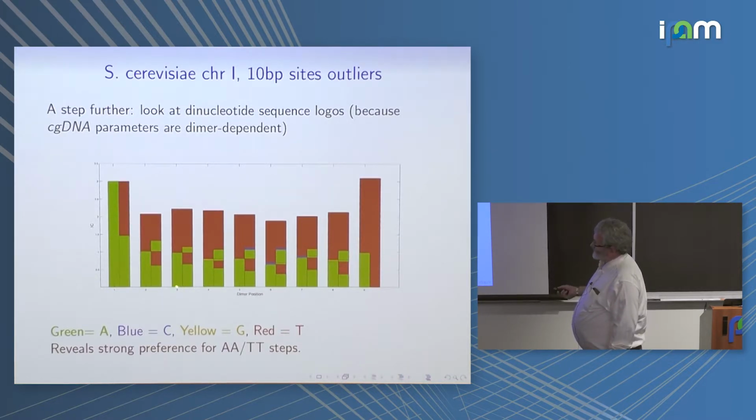So in fact, there's 16 possibilities, 4 times 4. And all you see in green is AAs and TTs. In fact, you can't tell the difference between those because it's the 2 strands. But really, all these high outliers are sequences with lots of AA steps, which is the same as lots of TT steps, because you don't know which strand you're on.